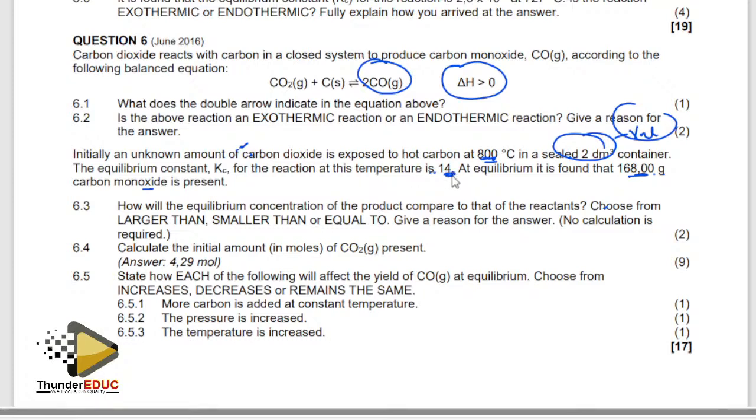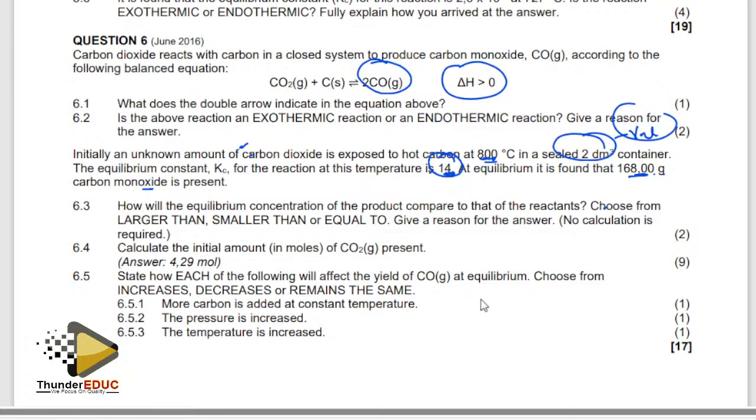Oh, this is 14. So if the Kc is bigger than 0, then it means that the product is more than the reactant. If the Kc is less than 0, then the product is lower than the reactant.